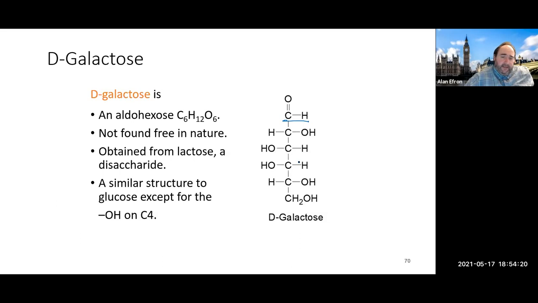But the exception is on carbon number 4, which would be 1, 2, 3, and 4. We have that OH group that is not seen in glucose, and that's a slight difference between those two. Any questions on that?